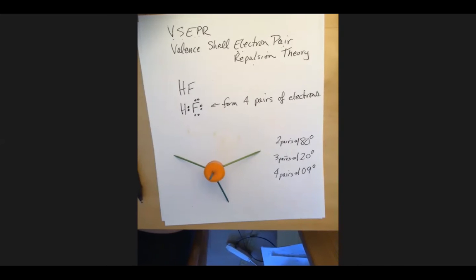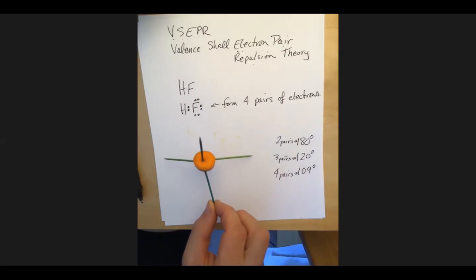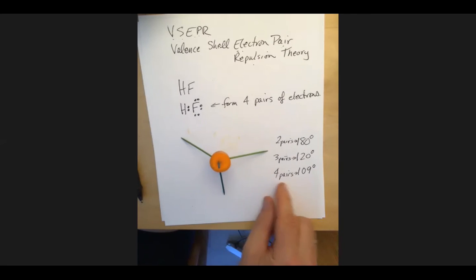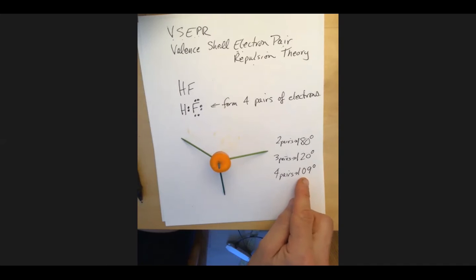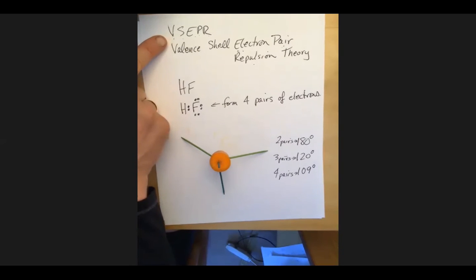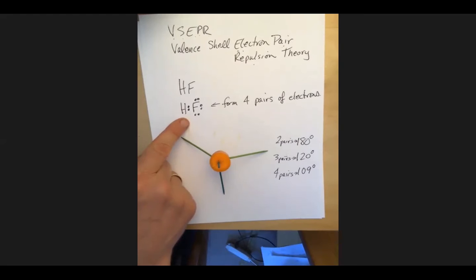So that says that when we have 4 sets of electrons, the arrangement of those electrons tries to go to 109 degrees. Okay, so far so good? Yep. So with valence shell electron pair repulsion theory, we've got pairs of electrons that are trying to get as far apart from each other.